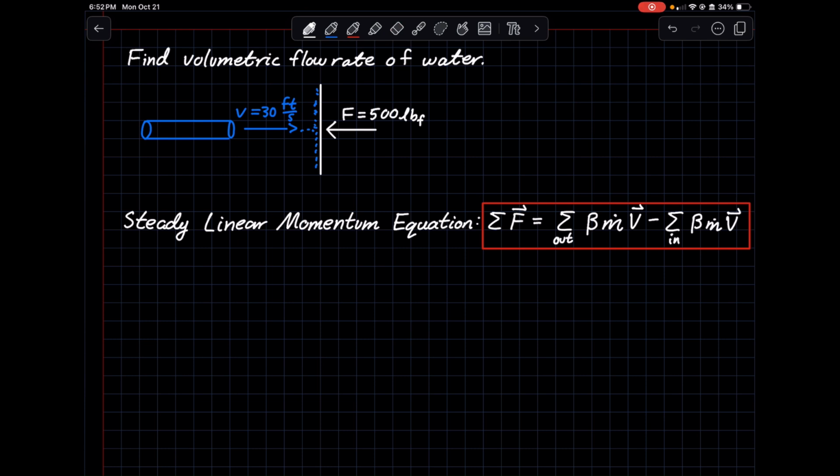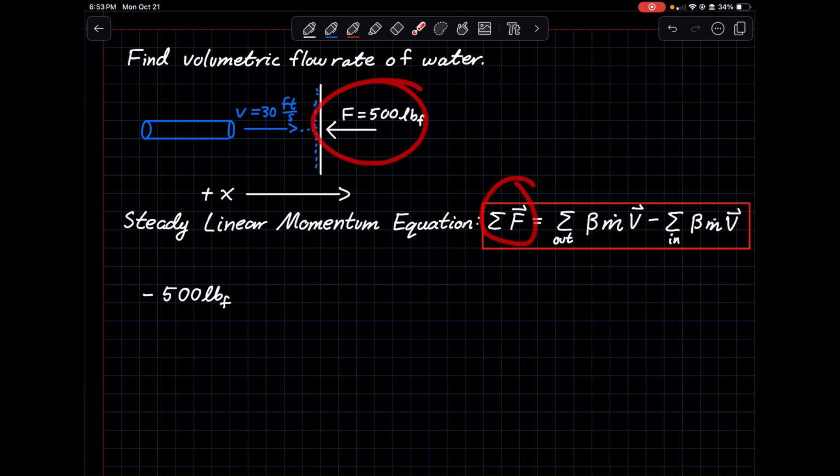So what I'm going to do is define which way is positive. Our direction pointing to the right is going to be our positive x direction, as that is where it's hitting the plate. So writing out this equation, let's do negative 500 pound force, because remember, this is our external force.